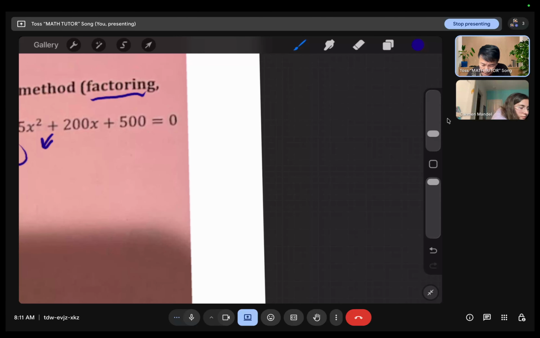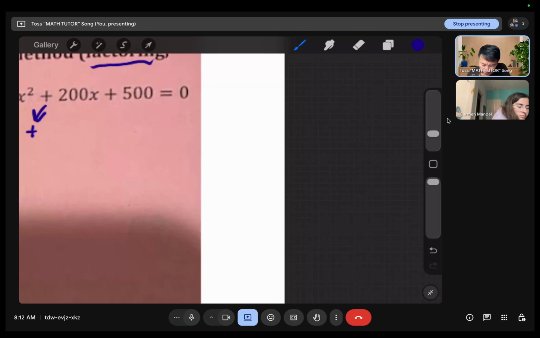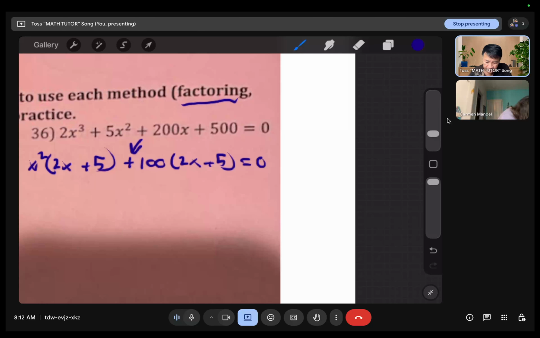If the first of the last two is positive, make sure it's positive. So factor out the greatest common factor between the last two, which is 100, and then you're left with 2x plus 5 equal to 0. Now, if you do this correctly, they'll match when you factor.